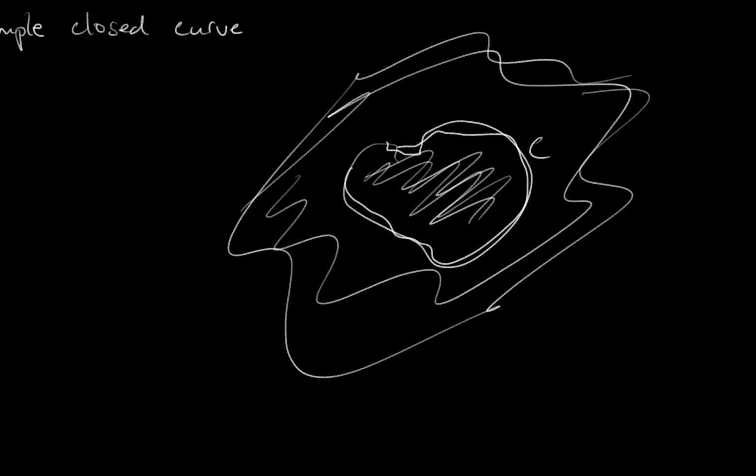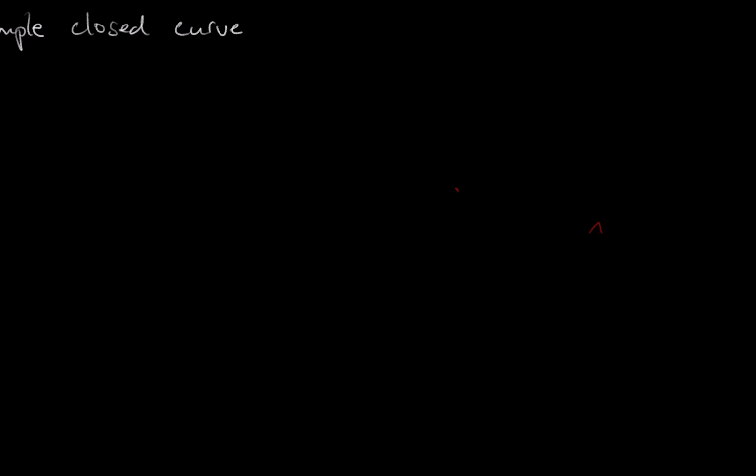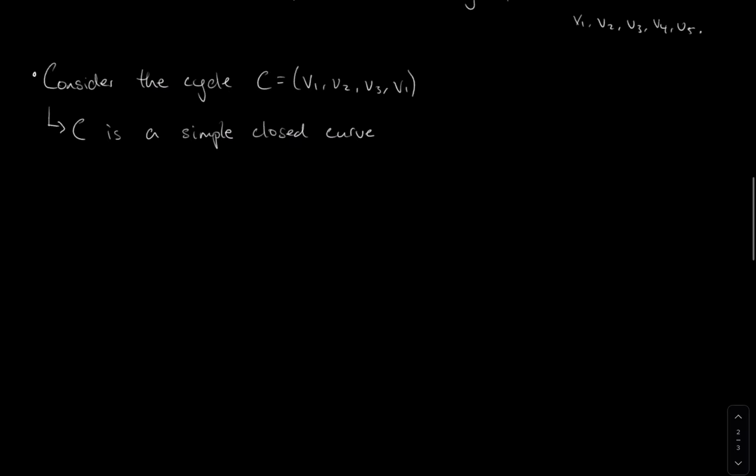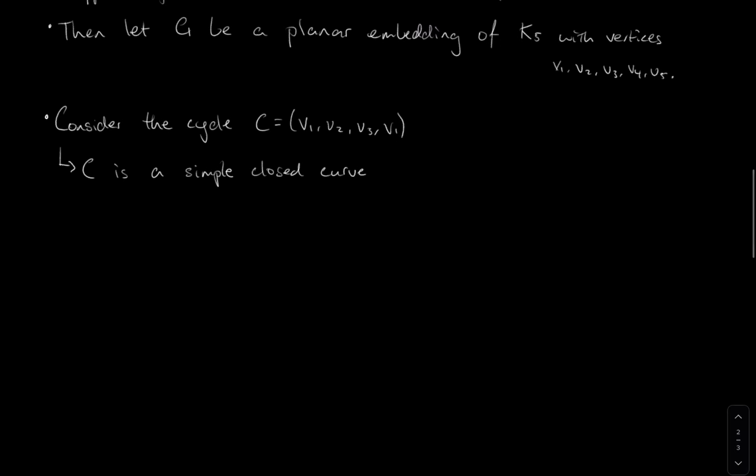So we can call those two open sets: this one here we could say is the interior of C, and this open set here is the exterior of C. So that's important to note. So yeah, C is a simple closed curve.